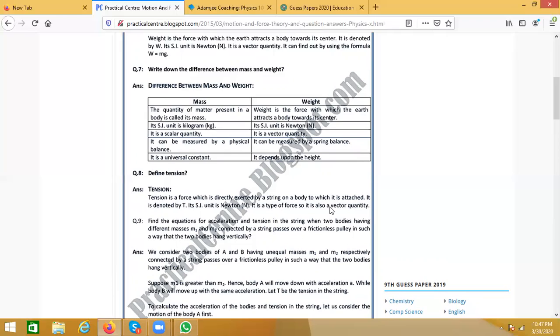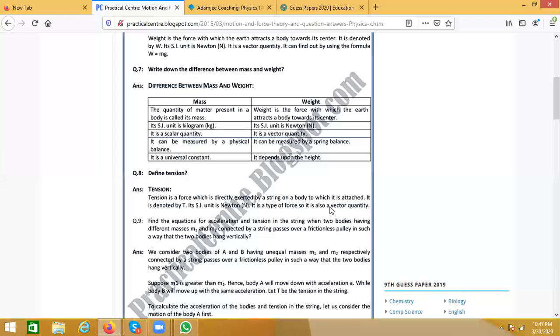For example, they have given you the difference of mass and weight, plus they have given you the difference between a small g and the capital G, which is the gravitational constant. In this case, because the question is worth 4 marks, you have to write two differences for each part.